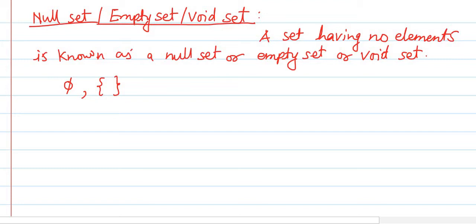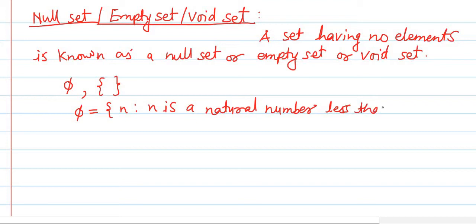An example of this empty set is, suppose phi is the set of all n such that n is a natural number less than 0. As we know that there is no natural number less than 0, therefore obviously this phi will be the empty set.